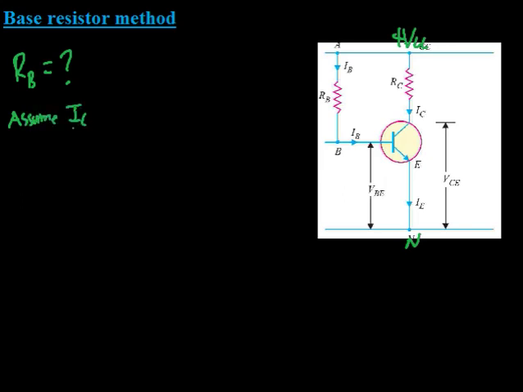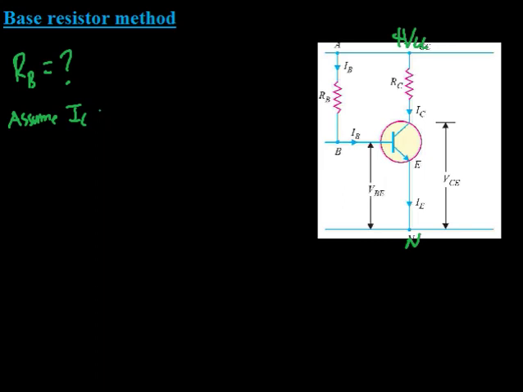We will know the input signal, the negative peak of the input signal, so that from that we will get the minimum value of the collector current that should flow through the circuit in the absence of the signal.